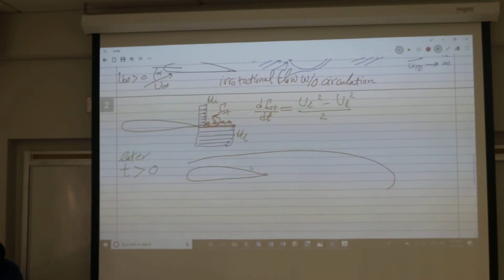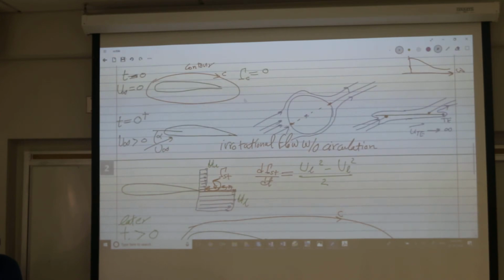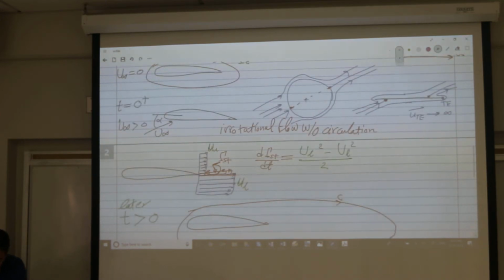I enlarged C now to account for the same fluid particles. And for a contour C with the same fluid particles, if you start with gamma_C equals 0, then what does it mean for gamma_C for all time? It's 0.